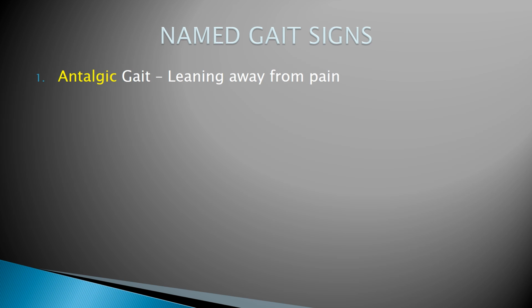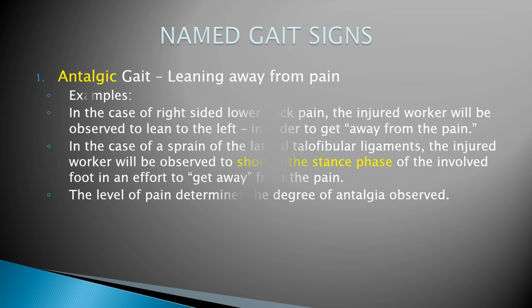Now, an antalgic gait is a gait that's characterized by leaning away from pain. In fact, the word antalgia comes from the Greek word anti-algos, which means simply away from pain. So with an antalgic gait, we see that the examinee leans away from pain. So what would be some examples of that?